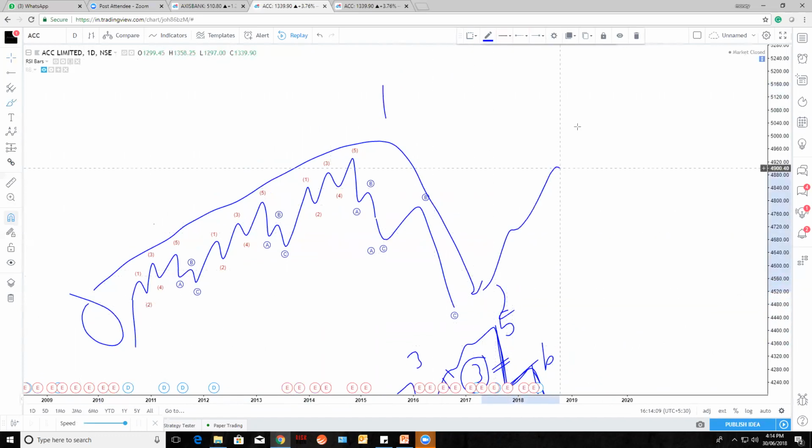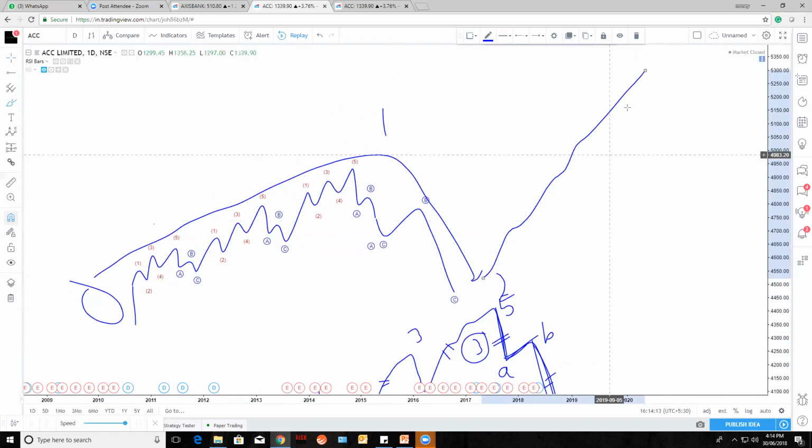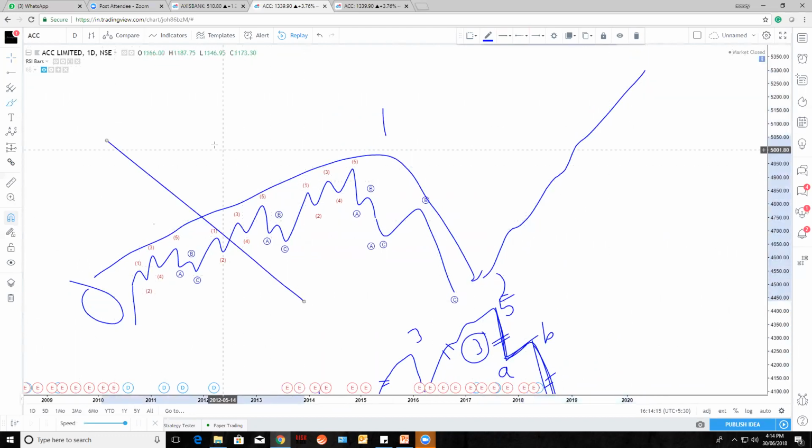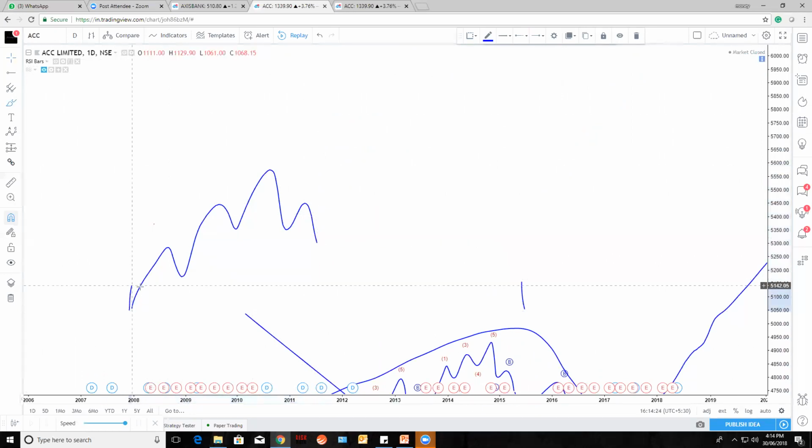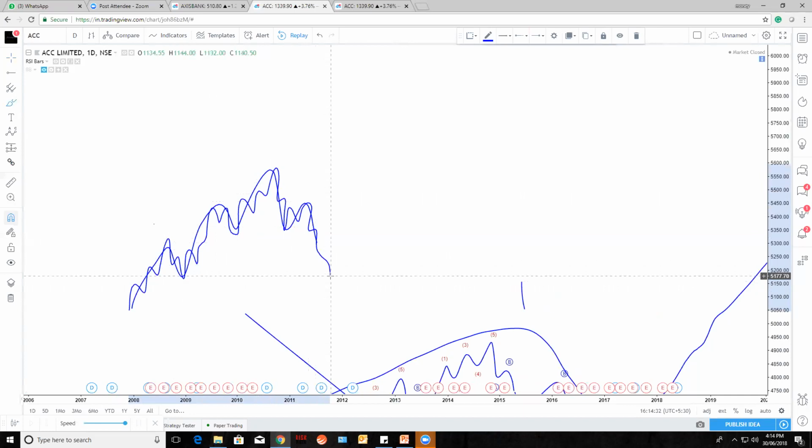Now it's going for the third wave in the bigger time frame. So any particular wave contains 5 waves and 2 corrections. Let's say this is a bigger correction. In that bigger one also you will get smaller 1, 2, 3, 4, 5 and ABC, 1, 2, 3, 4, 5 and ABC, 1, 2, 3, 4, 5 and ABC. After that, again ABC.